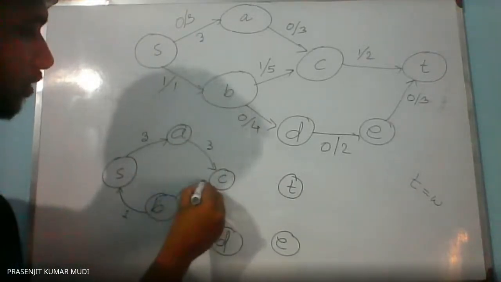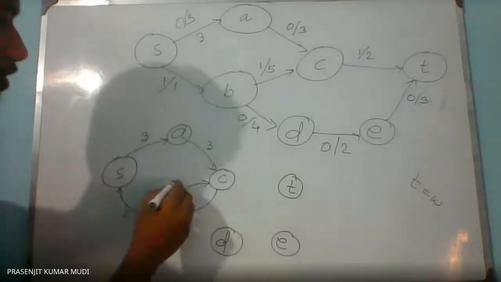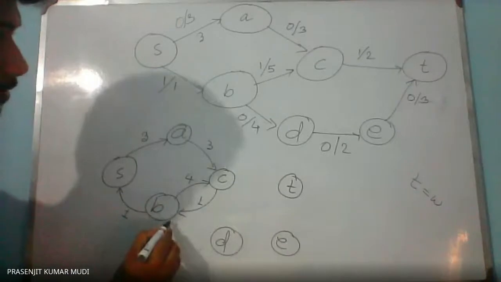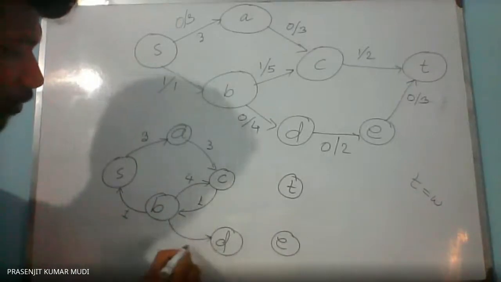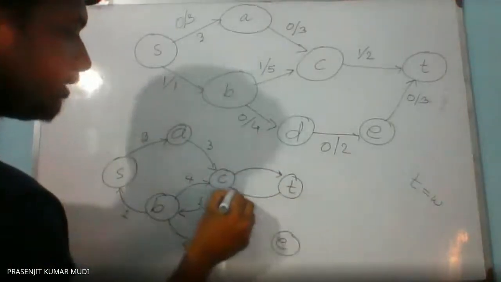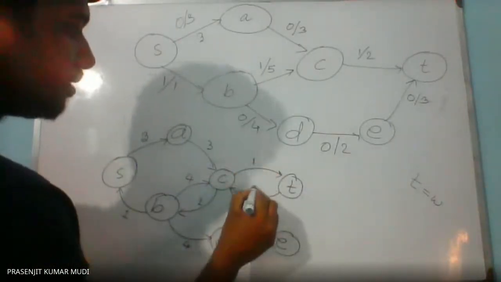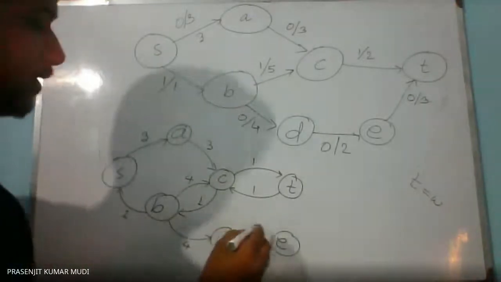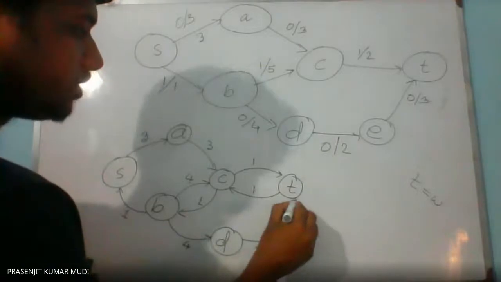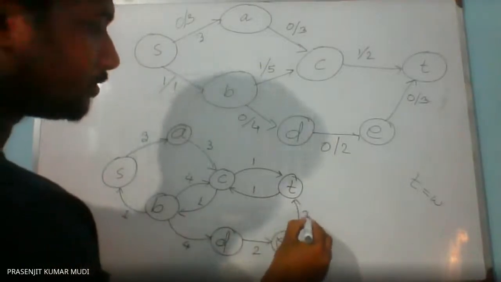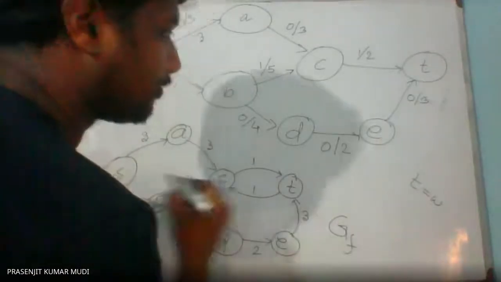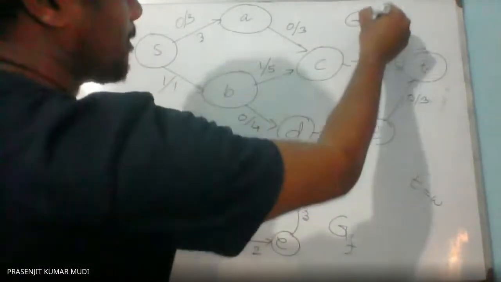B to C has both forward and backward edges: forward is 4, backward is 1. B to D, only forward with 4. C to T, both forward and backward, 1 and 1. And D to E, only forward with 2, and E to T, only forward with 3. So this is the residual network G_f, whereas this is G.